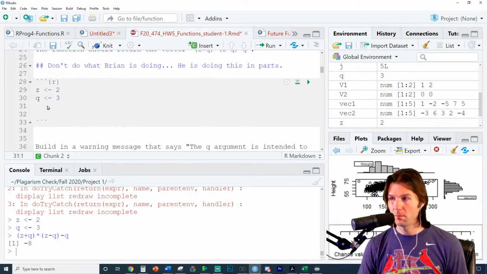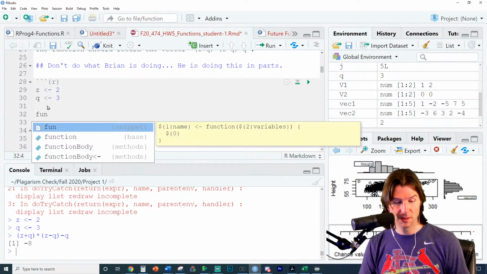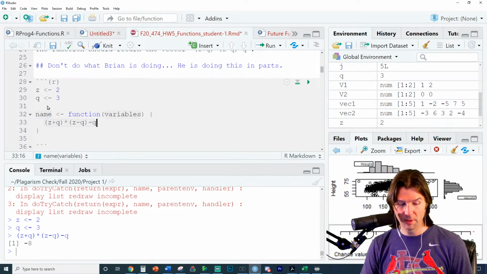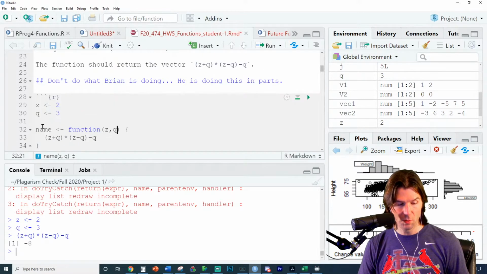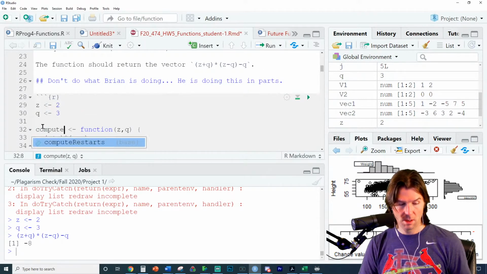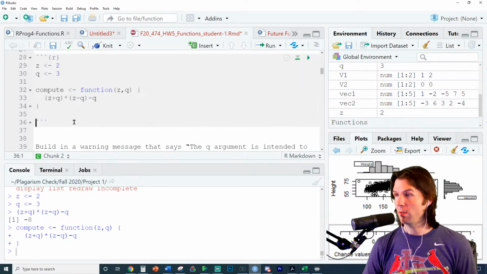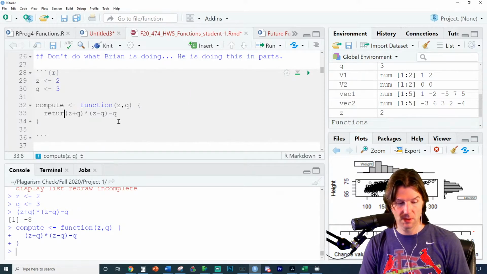So just put it in a function. Let's go here and type fun for function, because F is friend, the two stuff together, U is for you and me, and N is for anywhere and anytime at all, down here in the deep blue sea. And let's type z, comma q, and we're going to call this compute. And we're going to run the function. And there we go. We've created a function called compute that takes z and q, and we need to put a return on this.